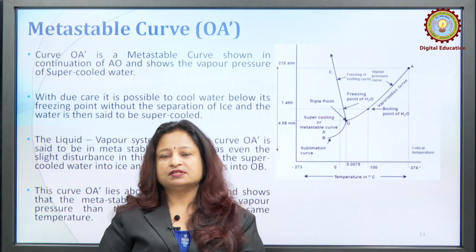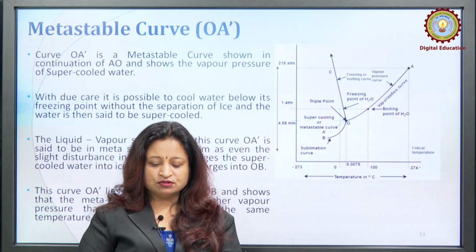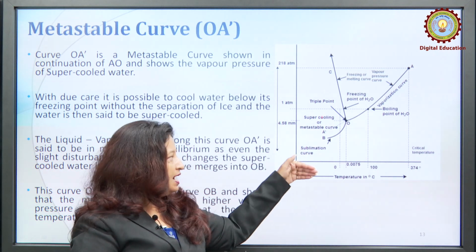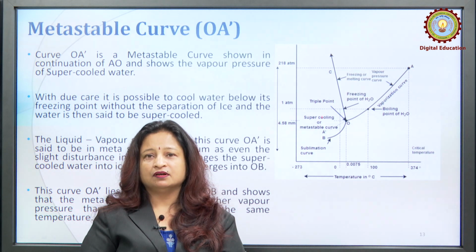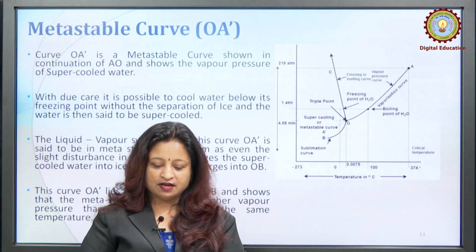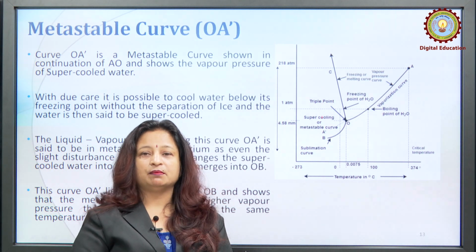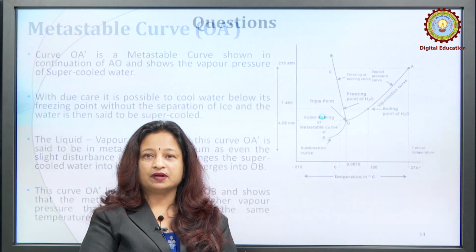So this is how we can give an explanation for this metastable curve. This is also known as the metastable curve, as you can see that this curve lies above OB. Its position is always above OB, the stable curve, and it has higher vapor pressure than the stable one at the same temperature. And that is why it is also known as metastable curve, right?